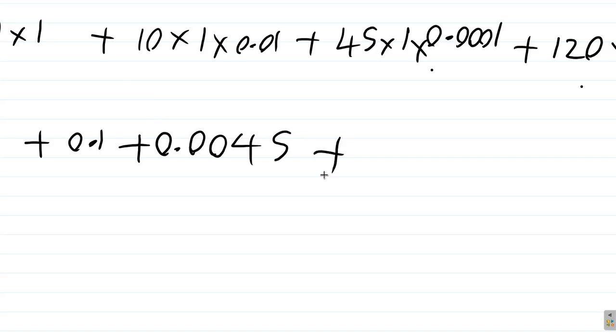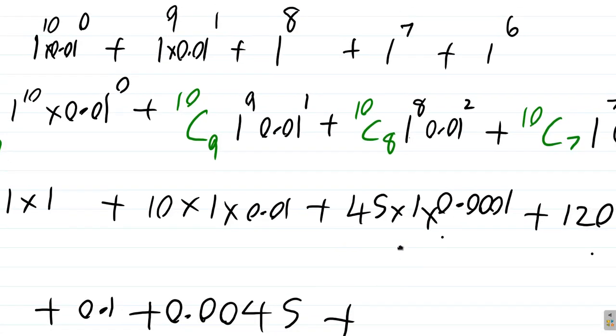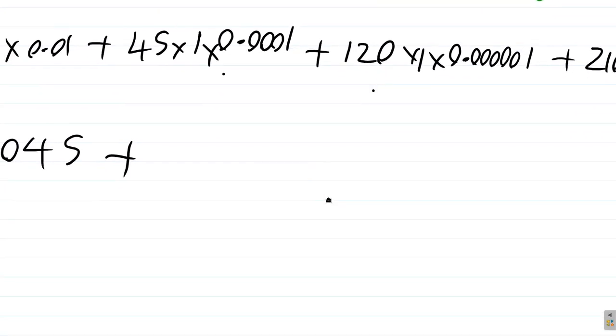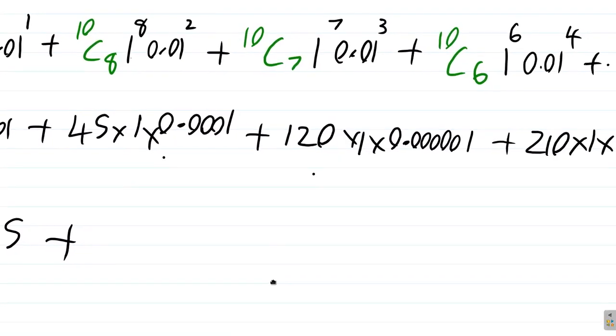Plus, we didn't really need to go beyond this part, but we have the 10C7 anyway, so let's continue. We're going to have 120 multiplied by 0.000001, with 5 zeros and 1, equal.